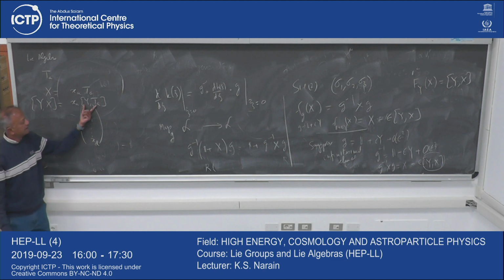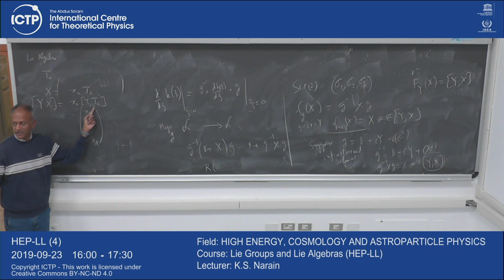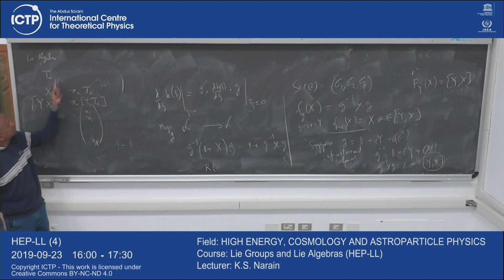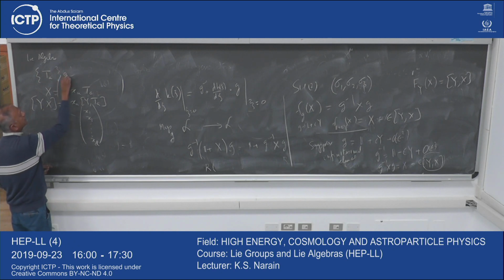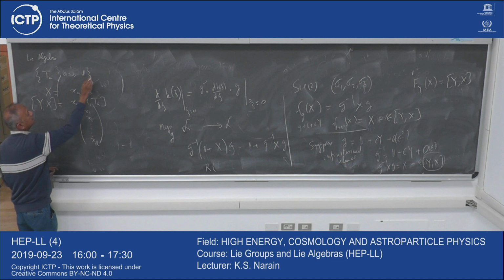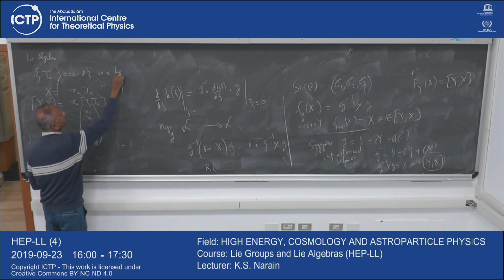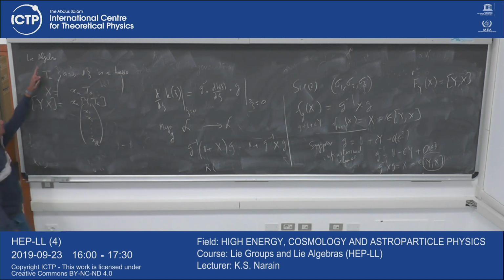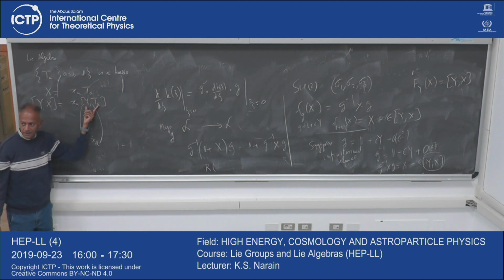Now, y commuted with T_A is again some Lie algebra element. The T_A, with A going from 1 up to d, are a basis, which means that any element of the Lie algebra can be written as a linear combination of the T_A. Therefore, I should be able to write it as some linear combination of the T's themselves.